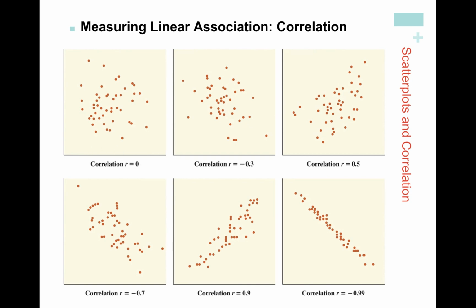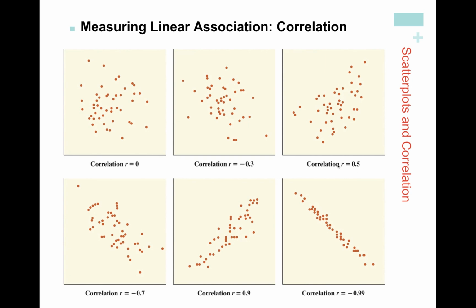We don't know whether there's positive or negative, or it's impossible to tell. Here's a correlation of -0.3. Overall, the dots have a negative association, but they're not that tight to a line. This line would be very, very wide, so it's not very tight.